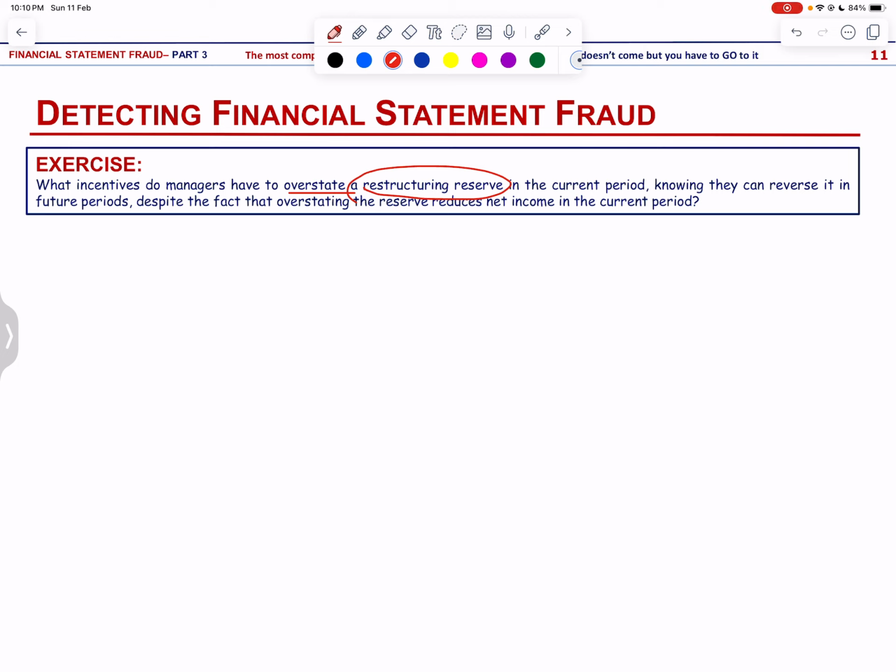Perpetrators of such fraud schemes release the previously understated reserve into earnings above the line of operating income in the future period, where the income is perceived as recurring. This deceptive practice artificially inflates the company's profitability and creates a false impression of financial health, leading to an unjustified boost in the stock price.